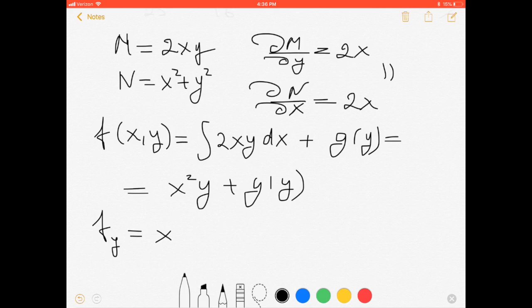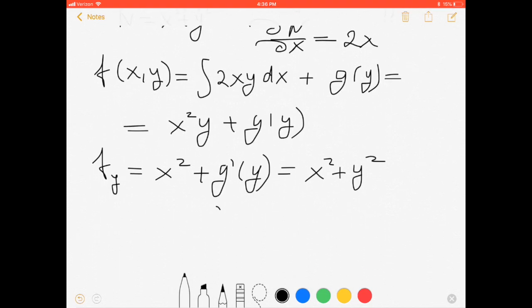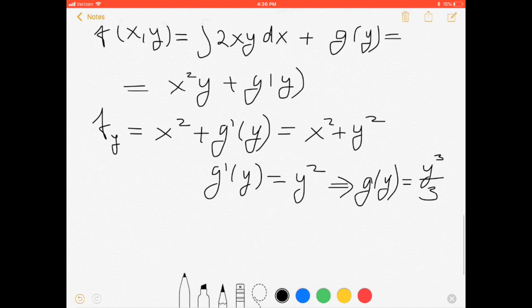It will be x squared plus g prime of y, and it needs to be equal to function n, which is x squared plus y squared. Solving this equation, we have g prime of y equals y squared. This means g of y equals y cubed over 3. And our potential function f of xy equals x squared y plus y cubed over 3.